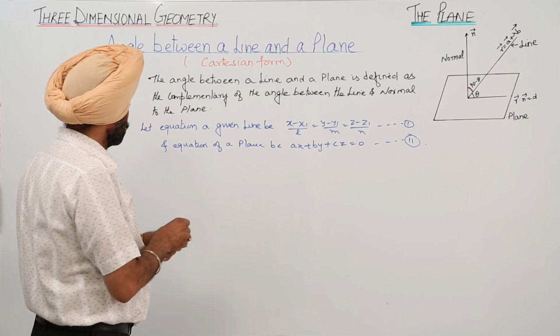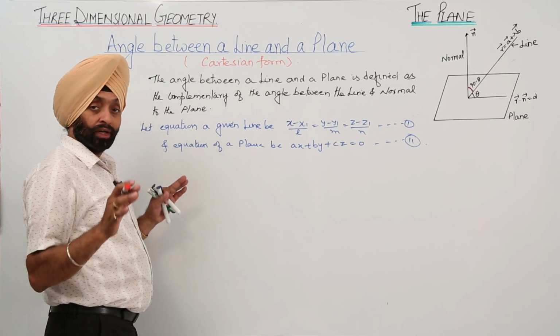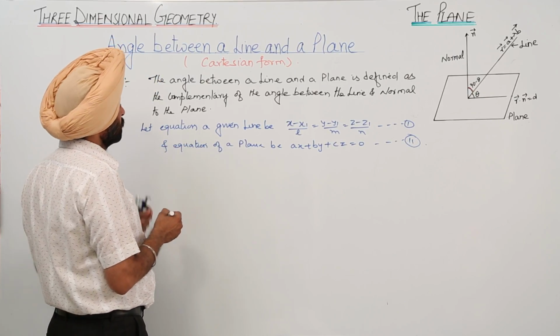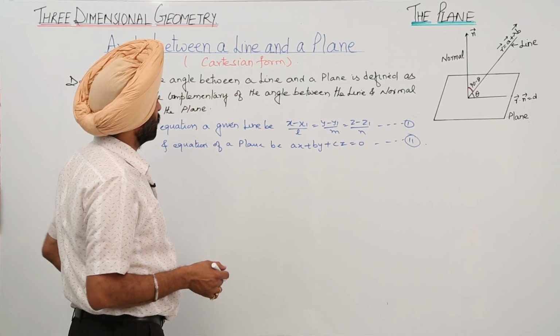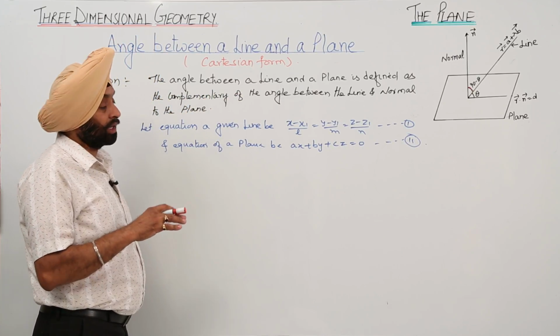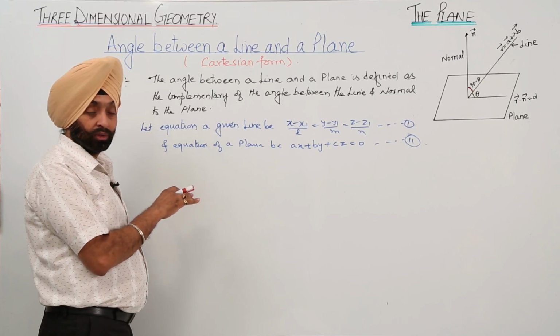Now, we already know by the definition, the angle between a line and a plane is defined as the complementary of the angle between the line and the normal to the plane.